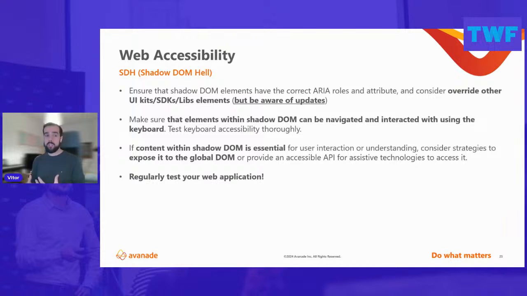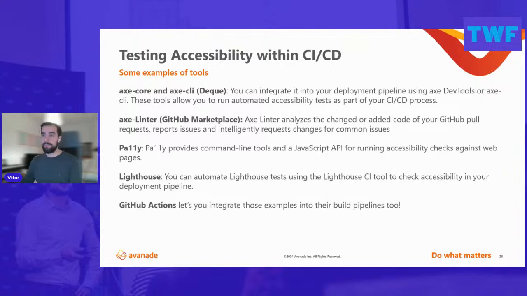And if the content in the Shadow DOM is essentially just content, please expose it on the global DOM, because the screen reader might not be able to read it. So please check that, and regularly test your web application.